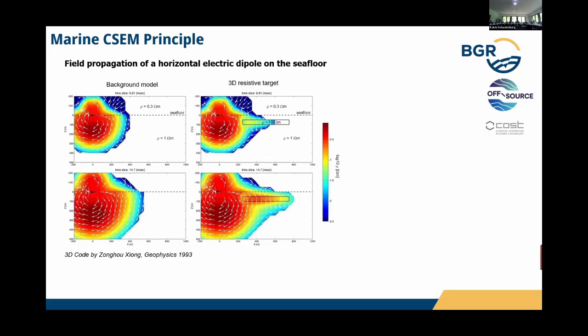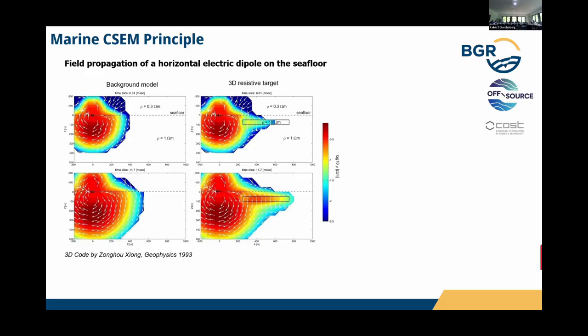Another way to look at that: here it shows the field propagation of a horizontal electric dipole on the seafloor. You have seawater above, seafloor here, sediments, and here you have an electric dipole, and we look at the field propagation at two steps of time, here a bit later.